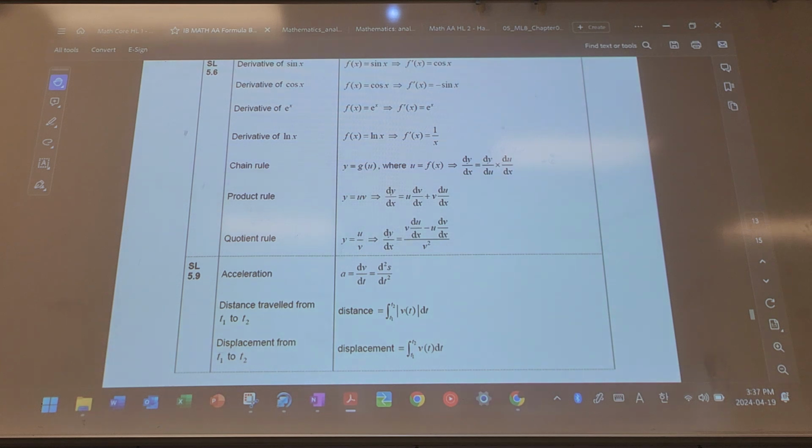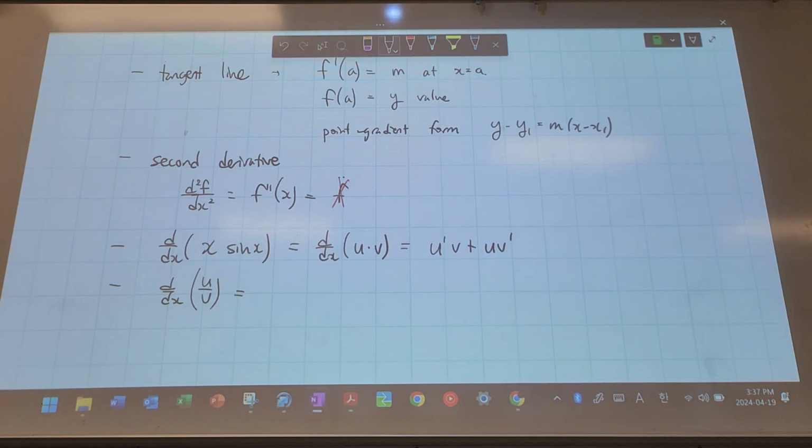I think so too, but I don't know. Sometimes it's up to you. I don't stop you from doing that. Products and quotients are basically the same thing. v u prime minus u v prime. Yeah. Use the product rule.